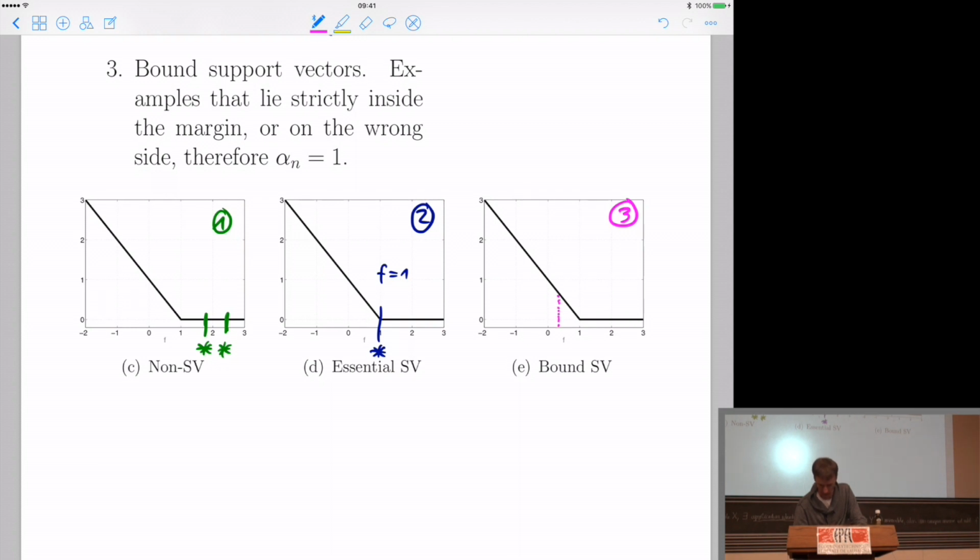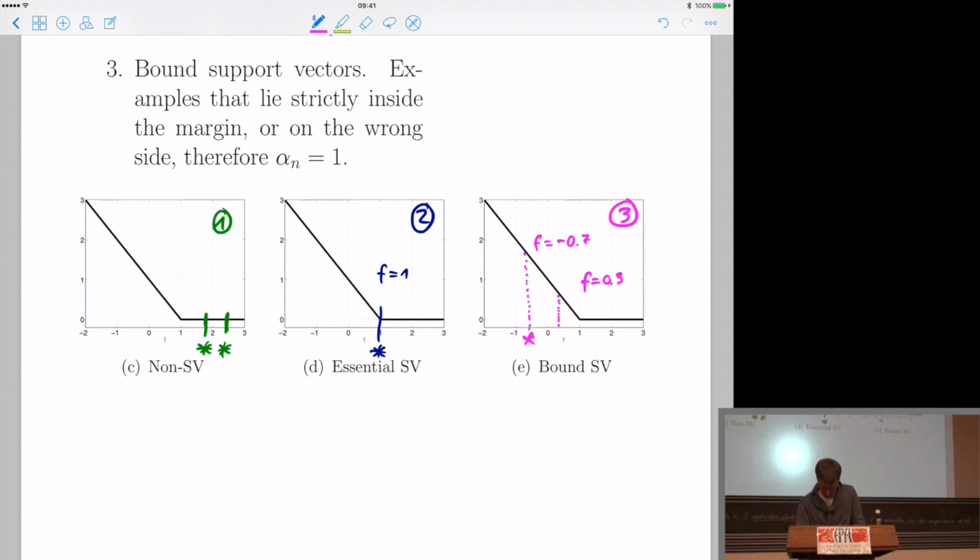This happens, for example, when your f is here. So f is maybe 0.3, whatever. Then you have to pay, but you don't pay so much. And then if f is even stronger on the wrong side, then you pay more, right?